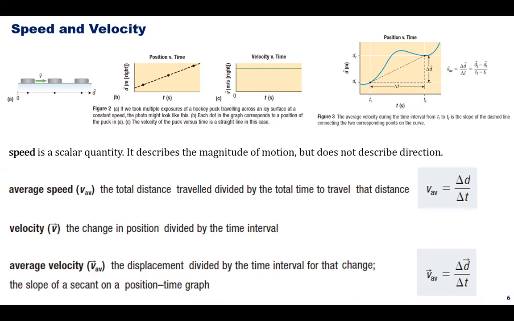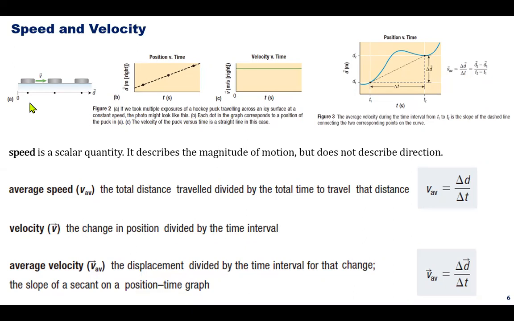So the hockey puck example in figure 2a is sliding at a constant speed. So its velocity always has a constant value, as shown here in the velocity time graph in figure 2c, as you can see there on the top. In this case, the velocity is positive, which means the direction of the motion is towards the increasing values of delta d, which means towards the right.